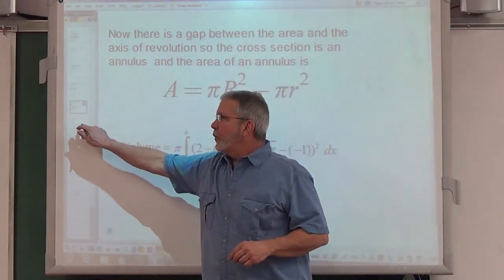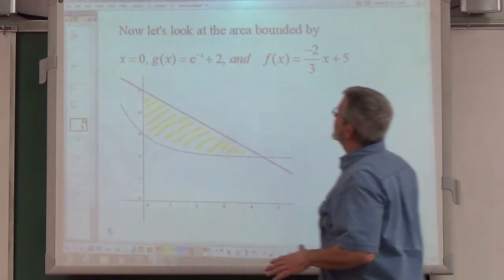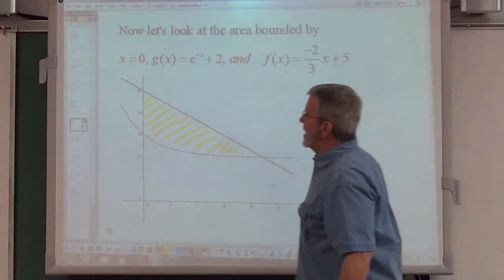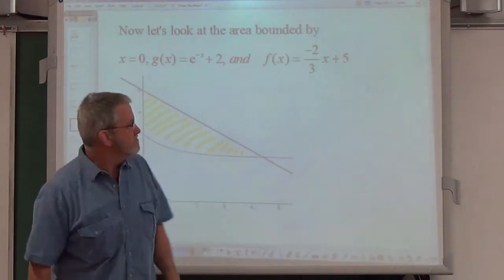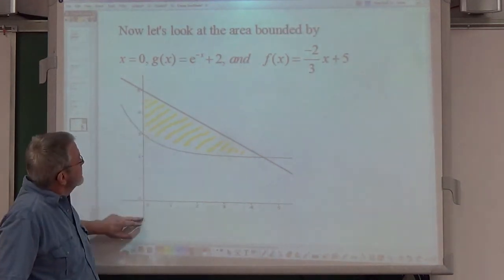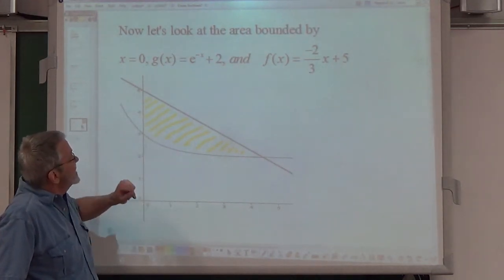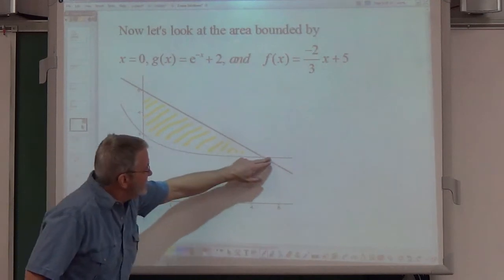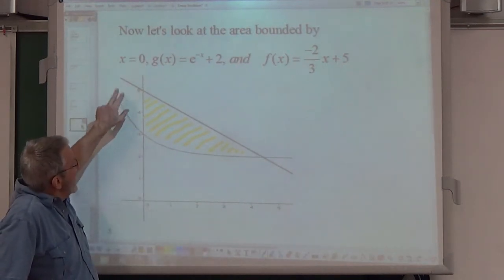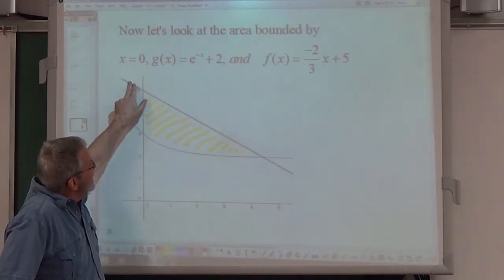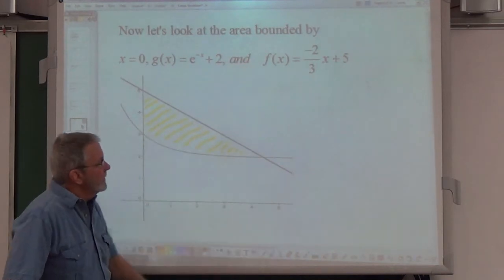Now, what if I have this creature right here? I want to look at the area bounded by x equals 0, the exponential function e to the negative x plus 2, and this linear function, negative 2/3 x plus 5.